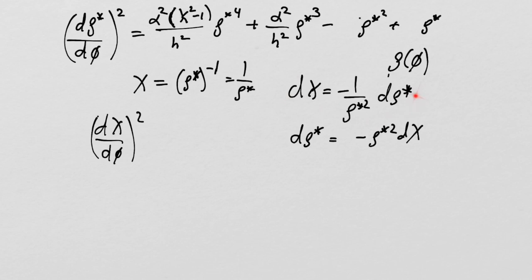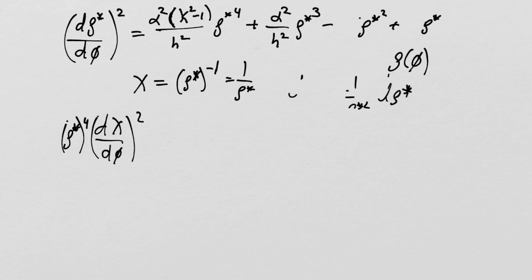I need d chi is minus 1 over rho star squared d rho star, but d rho star is minus rho star squared d chi. So I make the substitution for d rho star, and I get 2 of these factors out in front, which is just rho star to the 4th power. Okay, so with that, then I make the rest of the substitutions on the right-hand side.